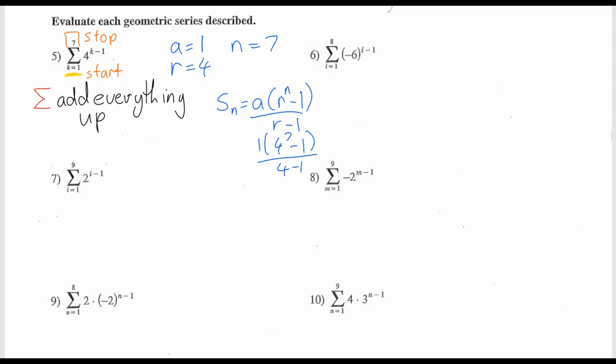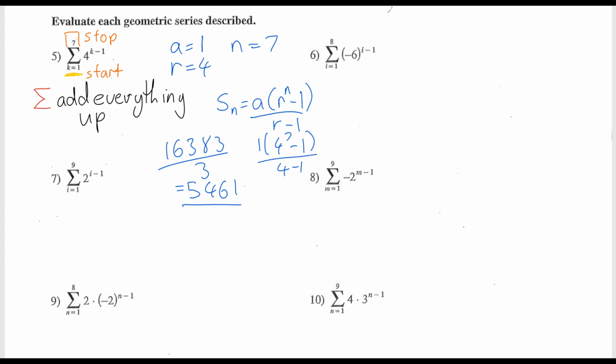Okay. And I'll just put that into my calculator. 4 to the power of 7 is 16384. Minus 1 is 16383, all divided by 3, equals 5,461.